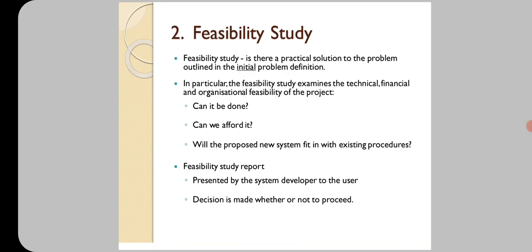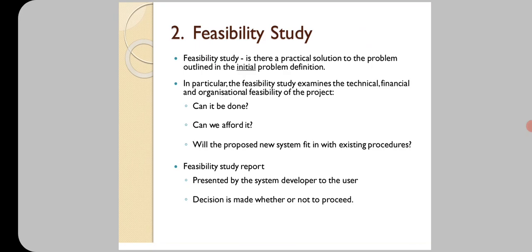Next, in particular, the feasibility study examines the technical, financial, and organizational feasibility of the project. Means, can it be done, can we afford it, and will the proposed new system fit in the existing procedures. So feasibility study mainly focuses on three things.